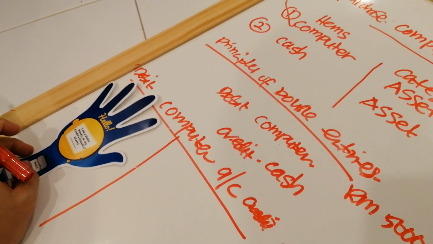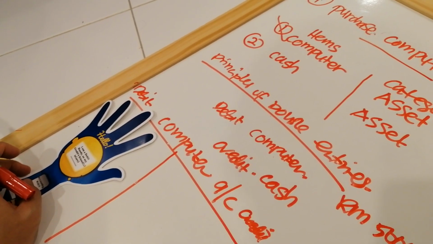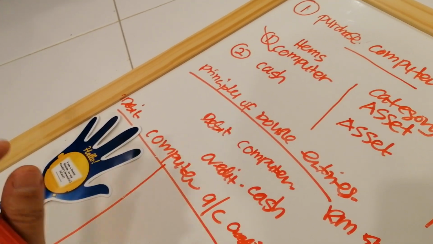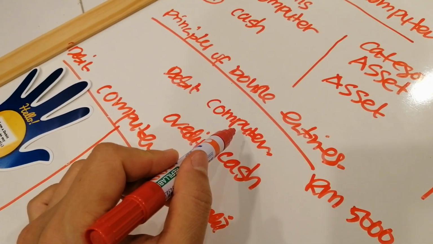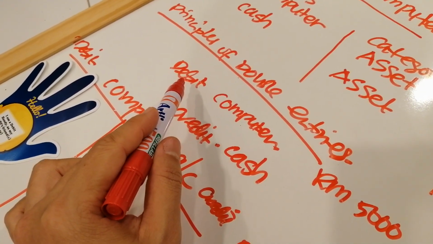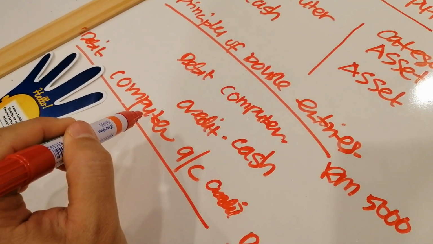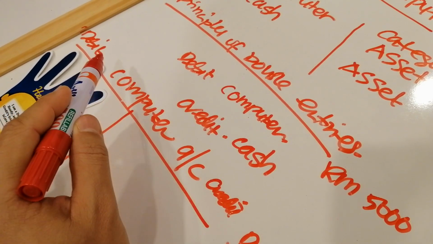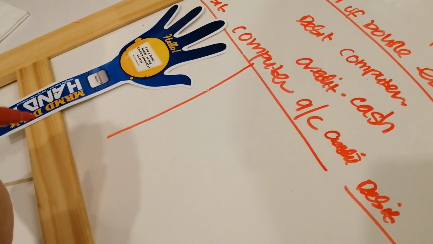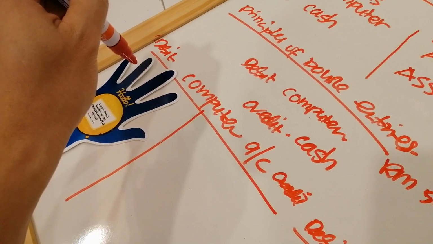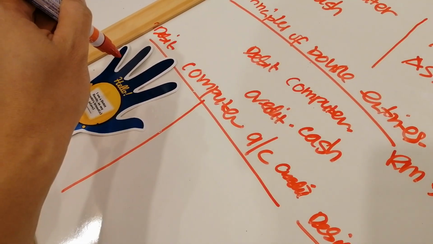So everything, semuanya debit. Remember, again, computer is under debit. You pergi computer account, you pergi debit side, you ambil debit handy. You letak dekat debit. Okay, debit side tu.